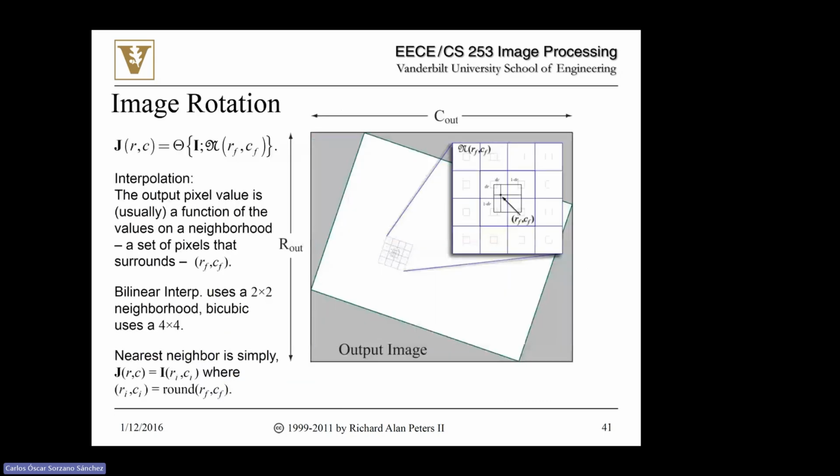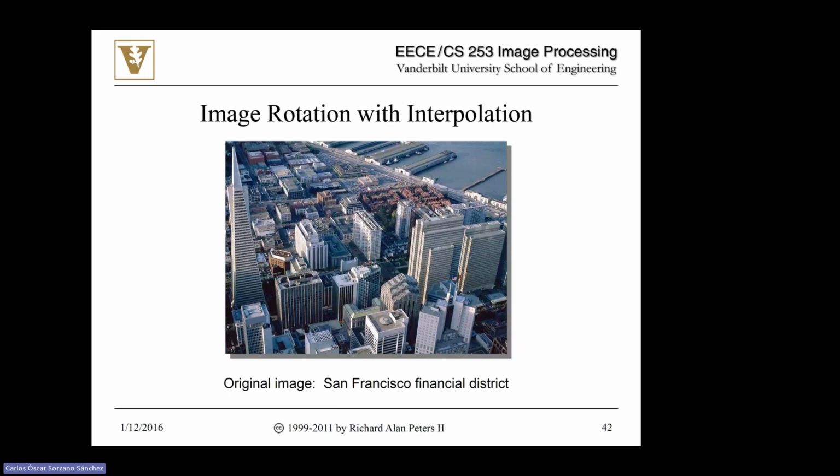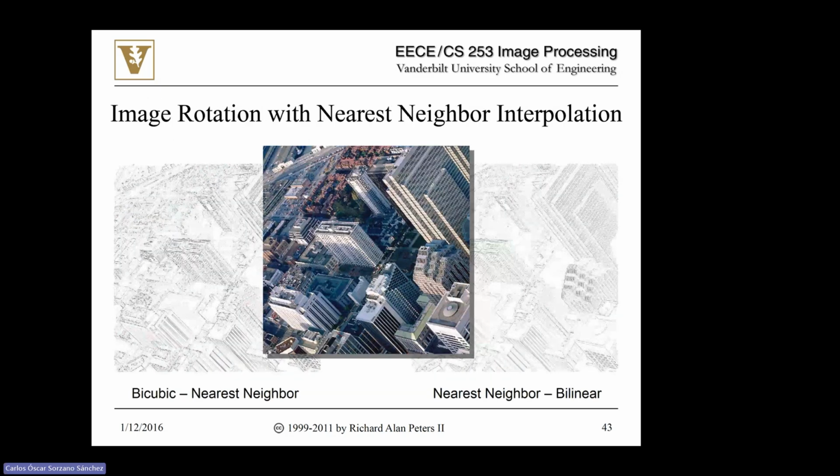So we have this image, and then you rotate it. We saw yesterday different interpolation schemes. You can do it in cubic, nearest neighbor, linear, and you know how it goes. This is the most accurate, this is the second most accurate, and this is the least accurate.